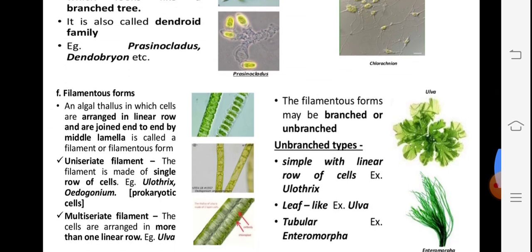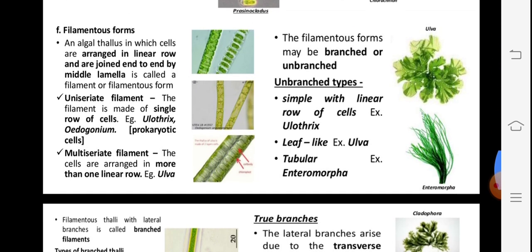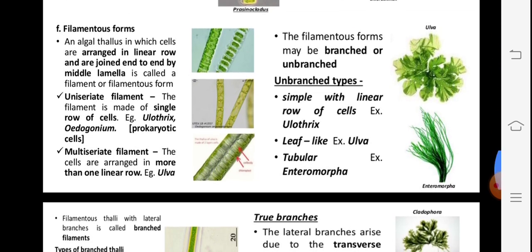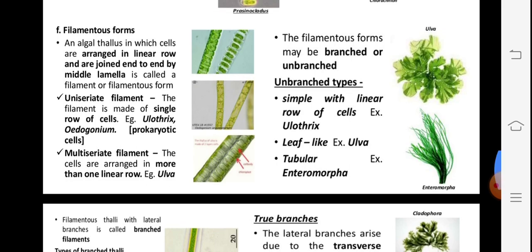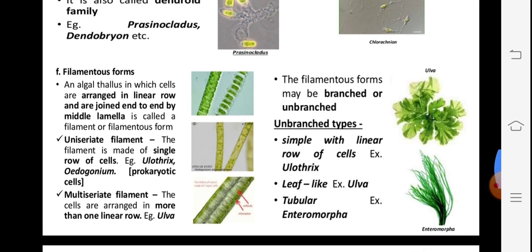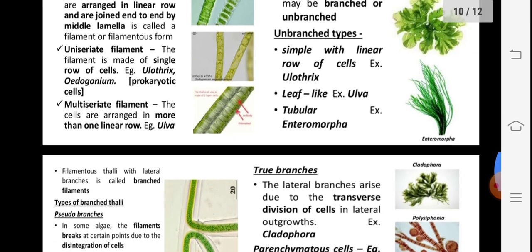Then in filamentous forms, the algal thallus shows either uniseriate, as in Ulothrix and Pseudendoclonium, or multiseriate, as in Ulva. Ulva is commonly seen.